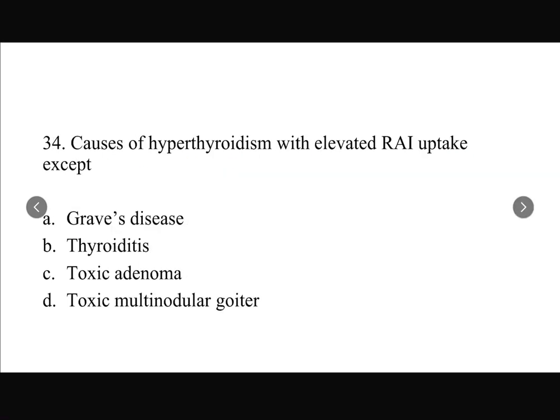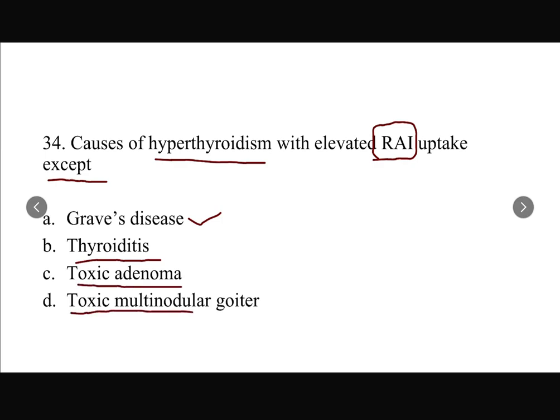Causes of hyperthyroidism with elevated radioiodine uptake. So this is nothing but the radioiodine uptake. In hyperthyroidism, except thyroiditis, for example Graves' disease, there is an increase in the iodine uptake. In thyroiditis, there is hyperthyroidism because the inflammation causes release of thyroid hormones, but there is no increase in the production.